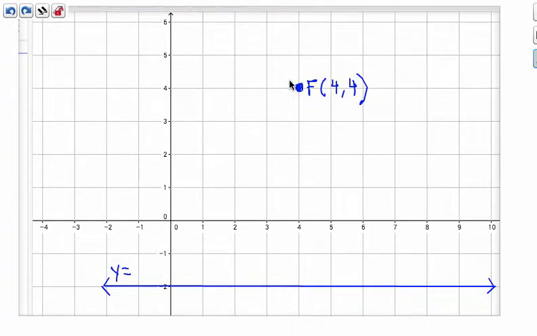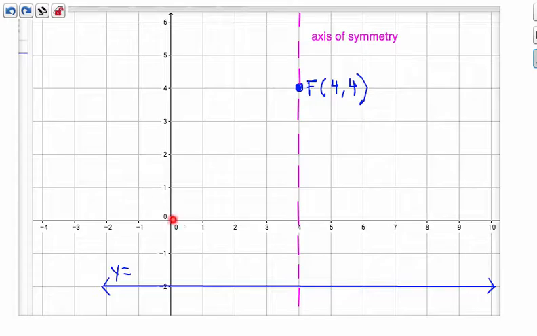We know that the vertex will lie somewhere on this vertical line. Notice the axis of symmetry goes down through the middle of the parabola and it acts as a mirror. Any point that lies on this side of the parabola will have a symmetric point on the other side of the parabola.